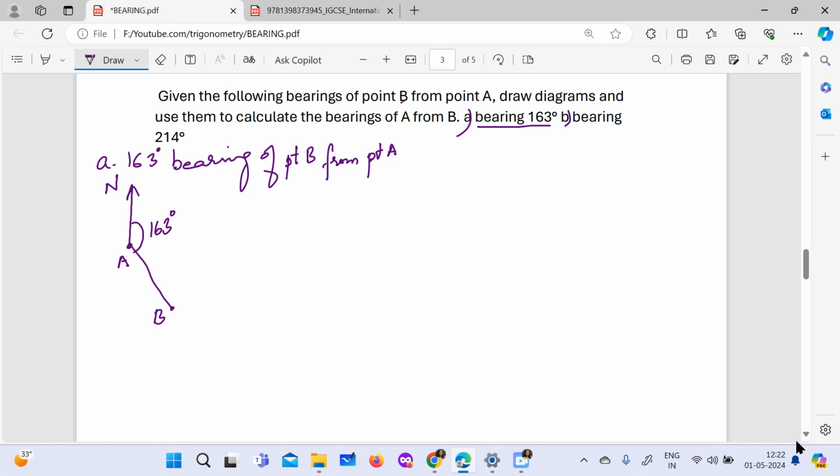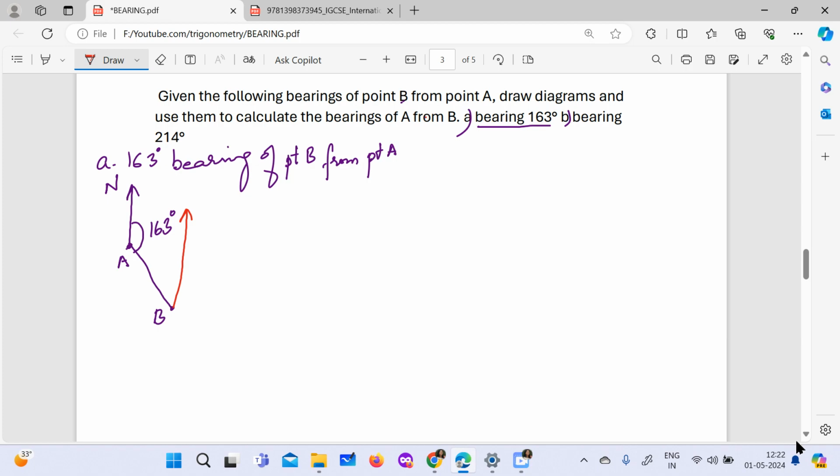This is done. Now what is the question? Calculate the bearing of point A from point B. For that, first we will draw the north of B. Okay, so this is north.